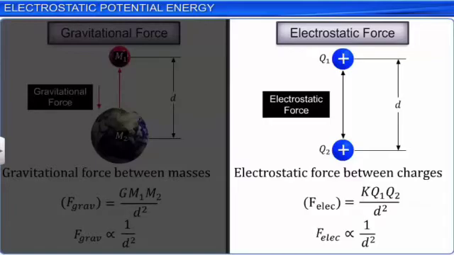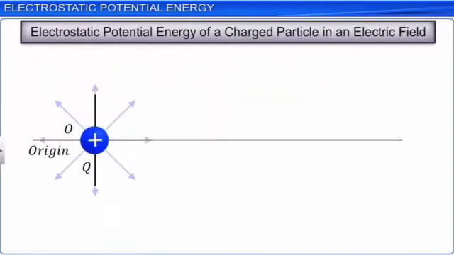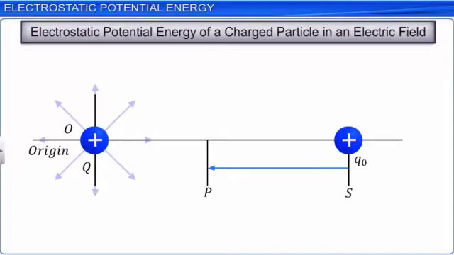Let us now discuss the electrostatic potential energy of a charged particle in an electric field. Consider the electric field of a positive charge Q placed at the origin O. Let Q0 be a positive test charge located at point S. To bring the charge Q0 from point S to a point P closer to charge Q, some work has to be done against the force due to the electrostatic field Fe.